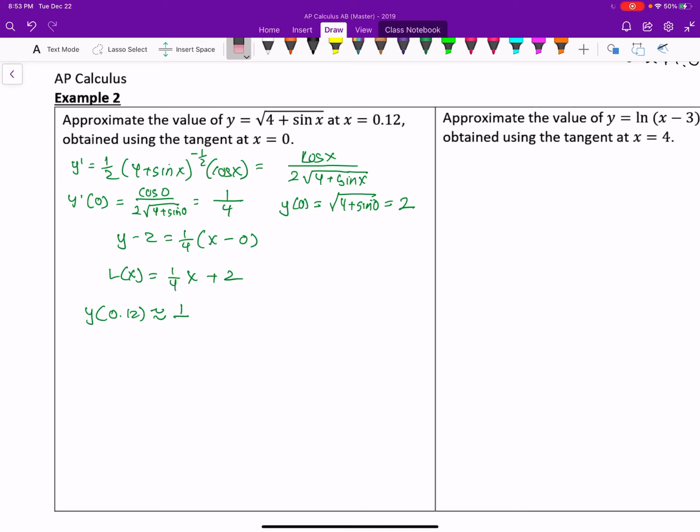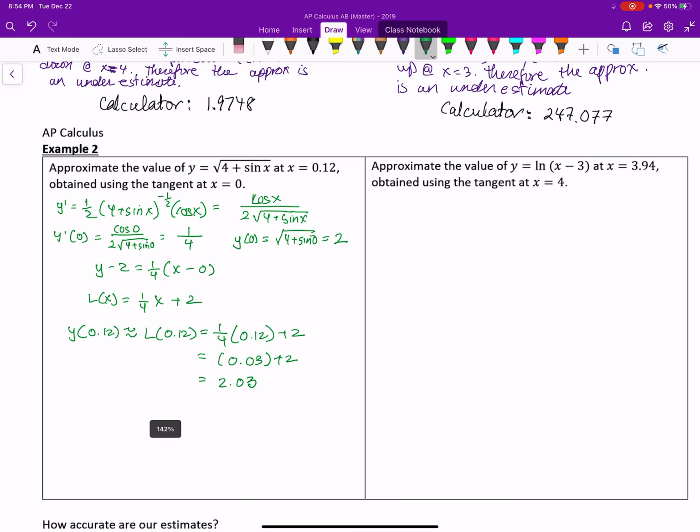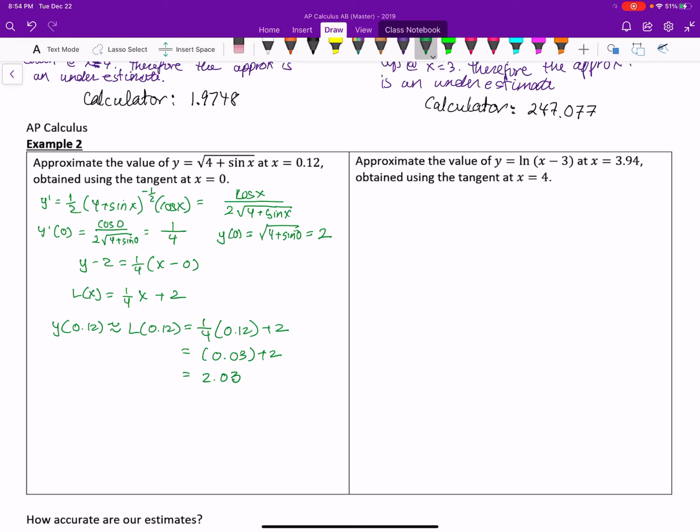So that's going to be approximately L of 0.12, which is 1/4 times 0.12 plus 2. A quarter of 0.12, a quarter of 12 is 3, so 0.03 plus 2. So that is going to give me 2.03. Then test on your calculator and see how close we got. You're going to try the second one on your own. I'll put the answer in the next video, and I'll put in the calculator values as well.